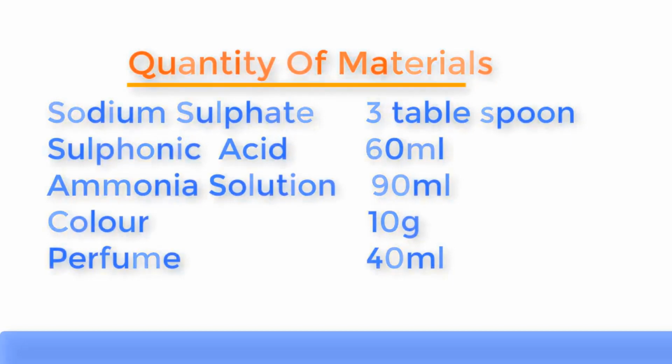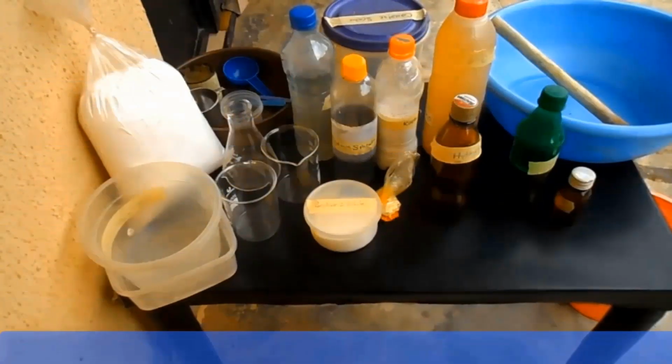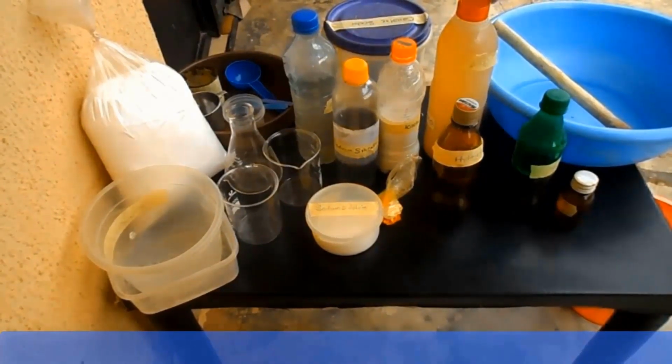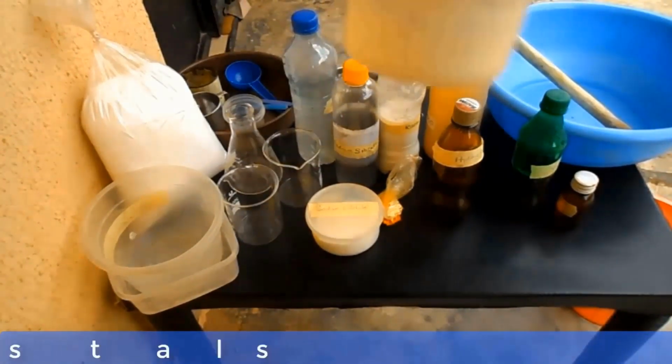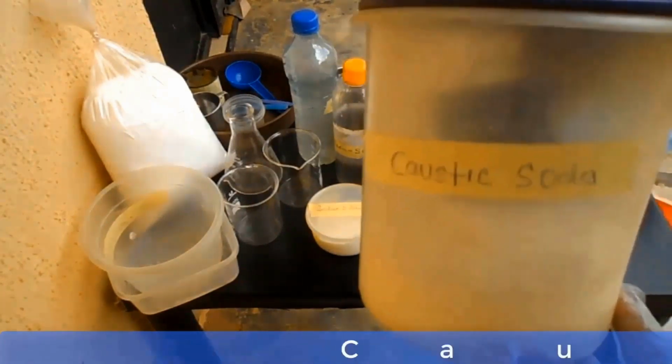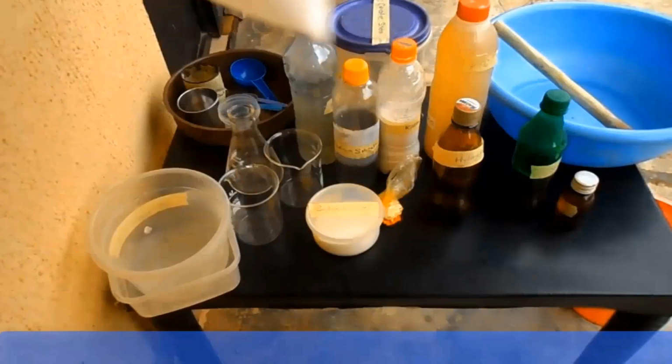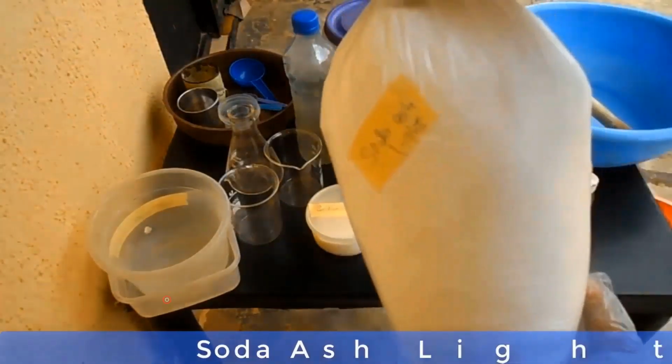Now let me show you the chemicals and materials needed for this particular production. Alright, these are the materials and chemicals we're going to be using. Here we have caustic soda crystals, that is sodium hydroxide crystals. Now this is our soda ash light.